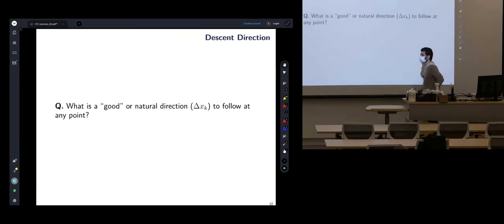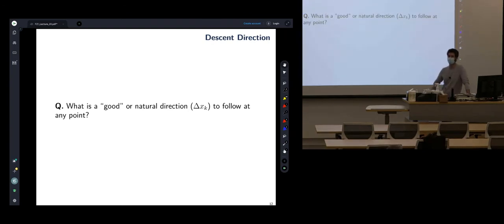Now you might have a very good question: what is a good search direction? What is a natural direction to follow? Is there such a thing? Because search direction can be anything. You can generate directions randomly, and that's perfectly fine. But can you think of one problem with random direction?